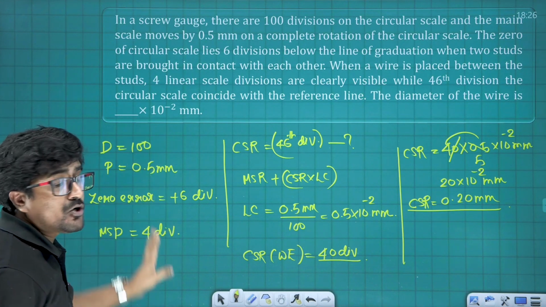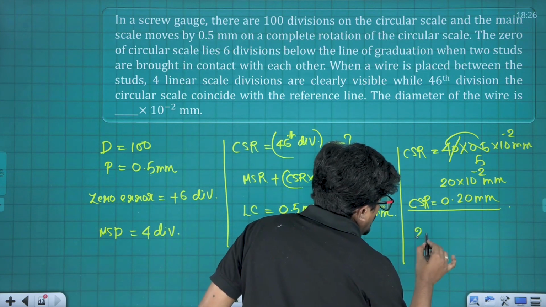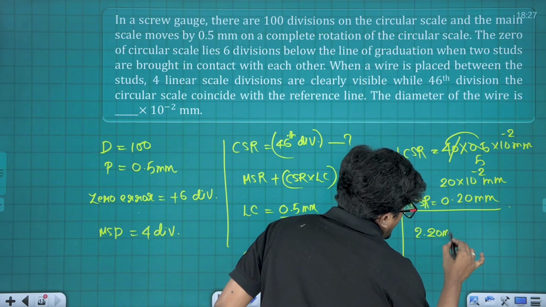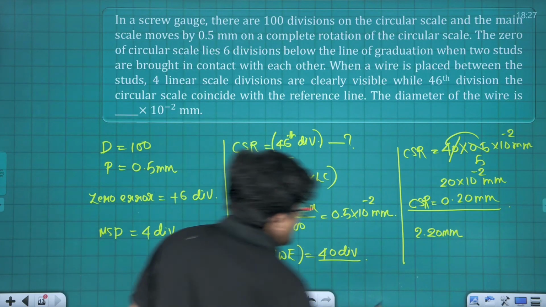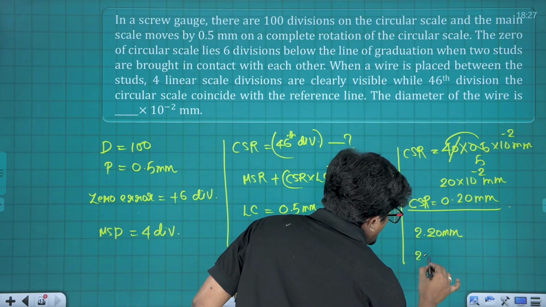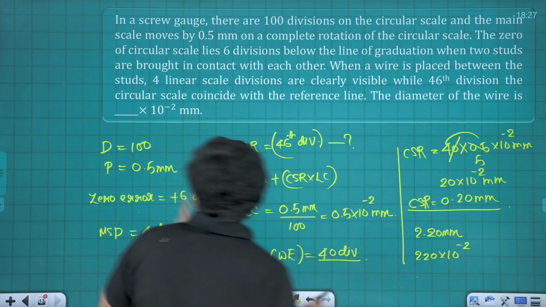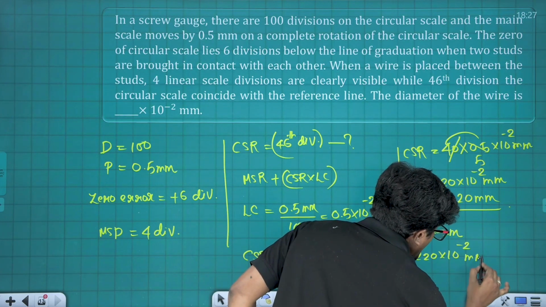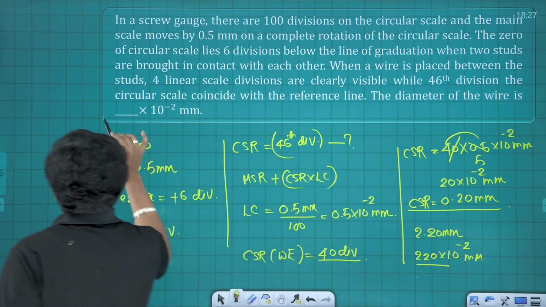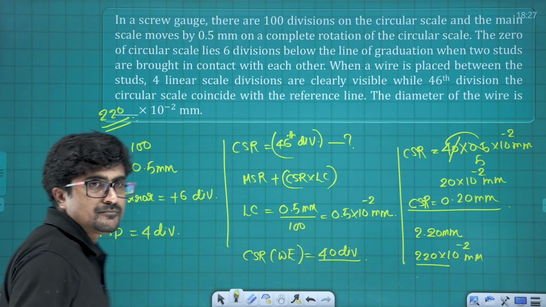That means 4 divisions is equal to 2 mm only. So the total is 2.20 mm, or I may mark it as 220 into 10 to the power minus 2 mm, which means the answer is 220. Is that fine?